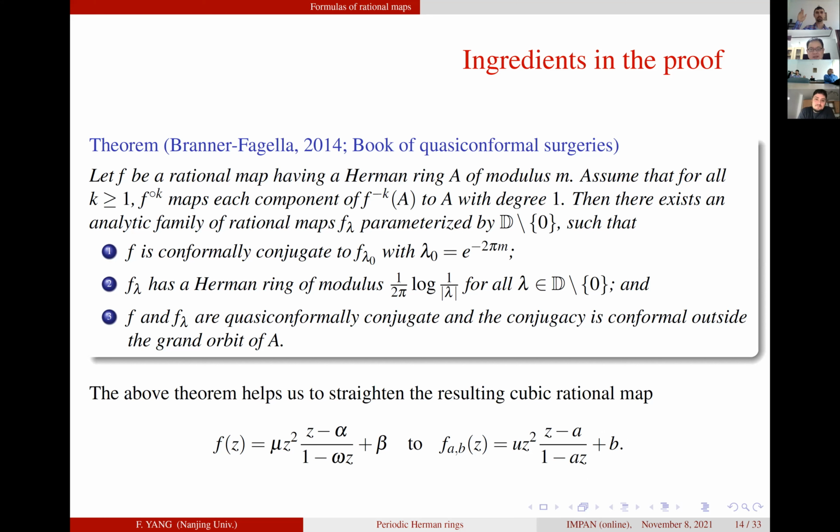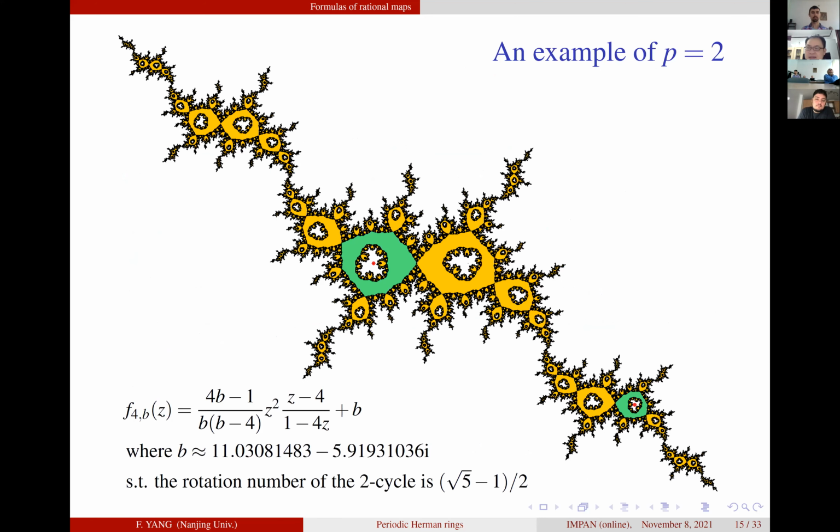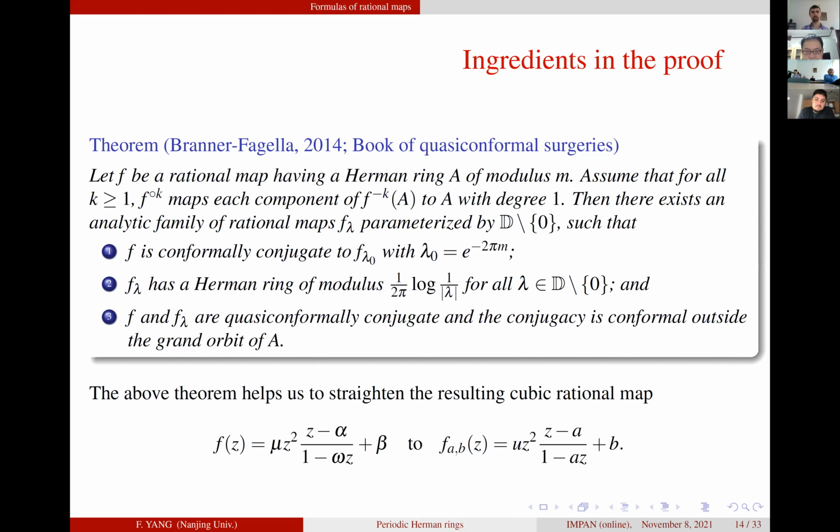So this last step is just to change the first formula into the second. After the first step, you obtain this z squared (z minus alpha), right? Yes, from the first step, we obtain this map.